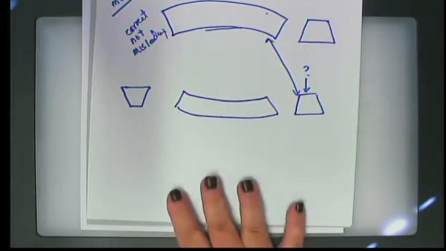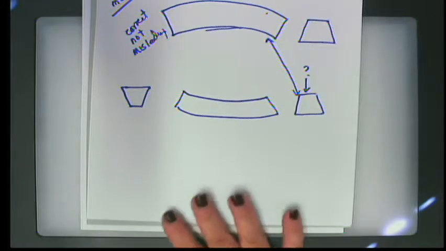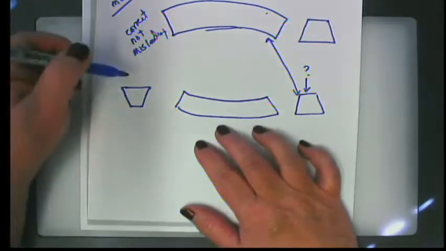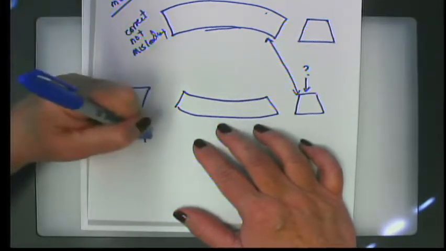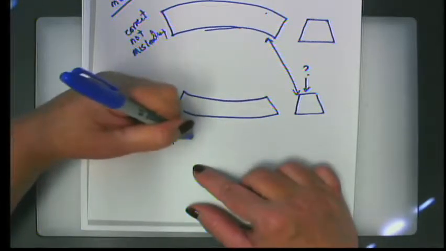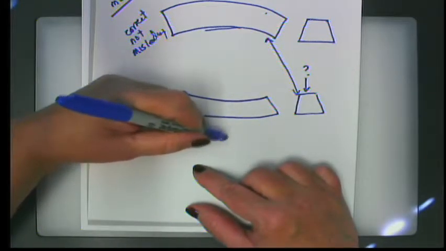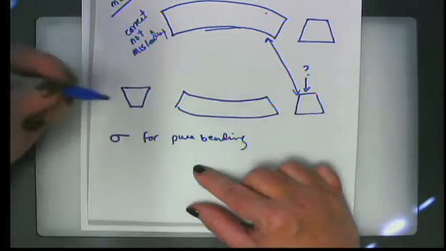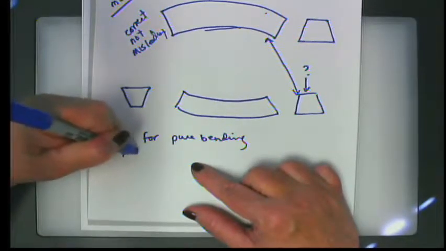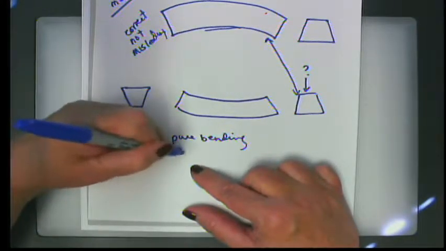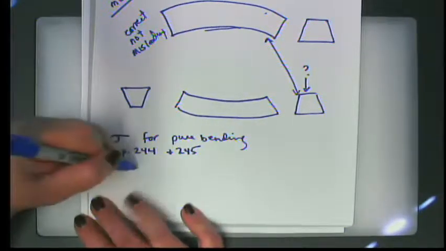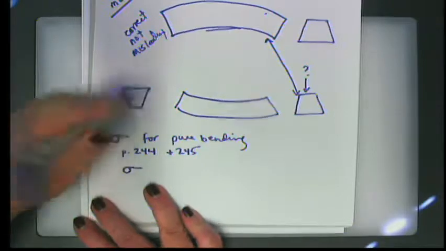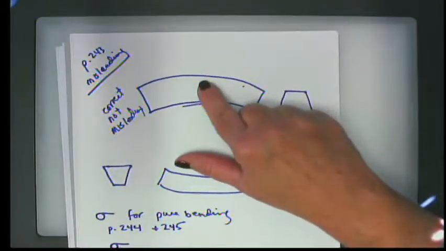All right. Now, in general, I'm not going to go through the derivation of this, but the derivation to compute sigma for pure bending is shown on pages 244 and 245. But the basic equation, first of all, let's look at this, and let me just ask you a question.